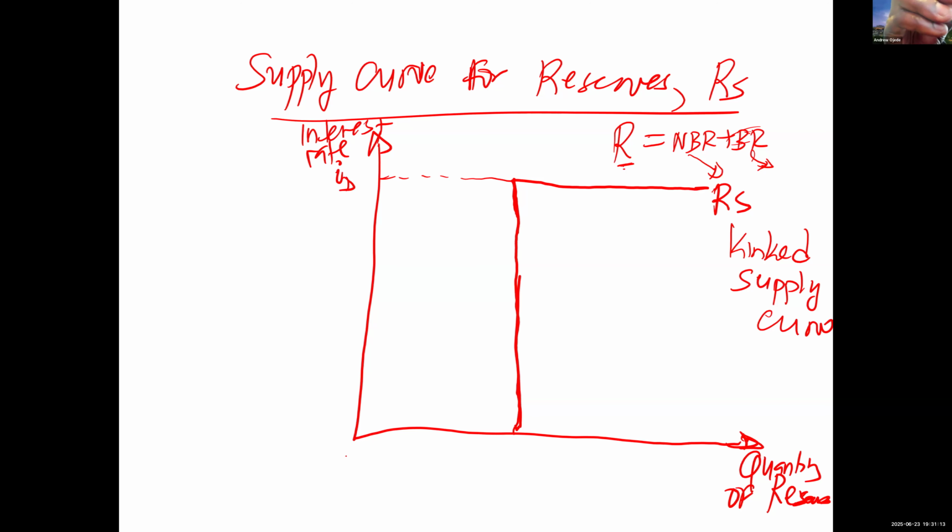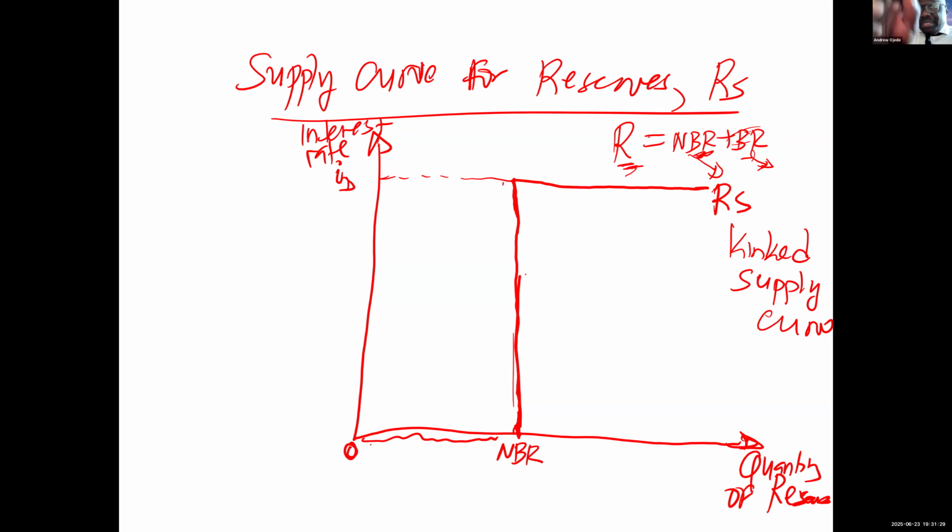From the origin to where this vertical line touches the horizontal axis, all this quantity of reserves in the banking system is non-borrowed reserves, because the total supply of reserves consists of non-borrowed reserves and borrowed reserves.